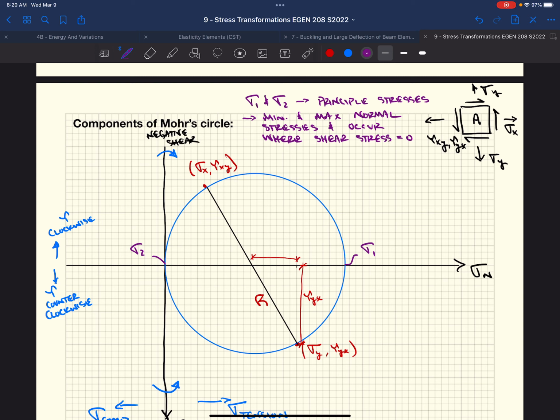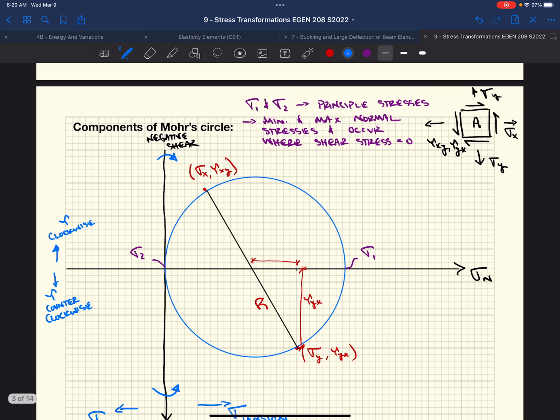It's always going to be along that x-axis. If we're on the x-axis, and the y-axis is our shear stress, then our y-axis coordinate is going to be 0, which means our shear stress is 0. So our maximum normal stresses are always going to be on our x-axis. Well, as we can see from the circle, the maximum magnitude on our y-axis is the top and bottom of our circle.